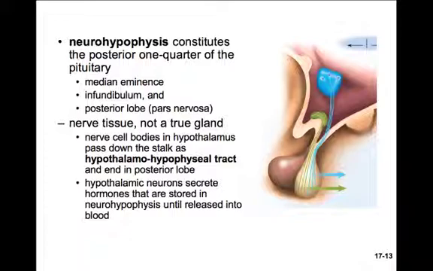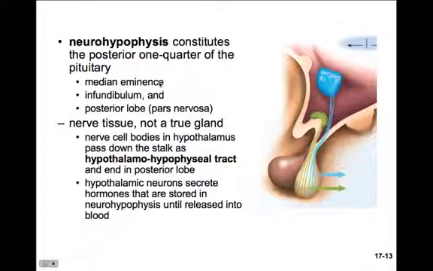The neurohypophysis, or posterior pituitary, constitutes the posterior quarter of the pituitary gland. It's composed of the median eminence, the infundibulum, and this pars nervosa, or posterior lobe. Just as with the anterior pituitary, where you really only need to consider the pars distalis, here you only really need to consider the posterior lobe, or the pars nervosa.